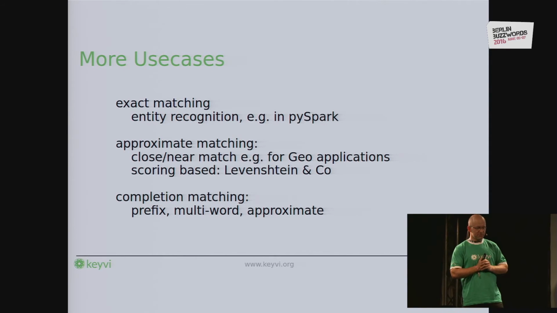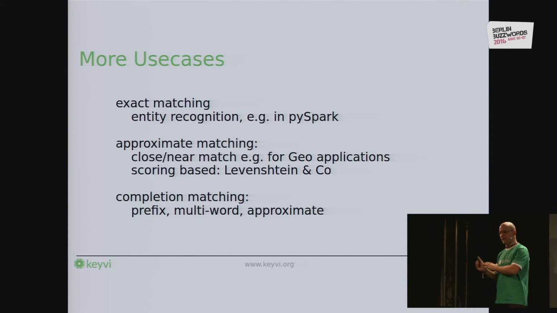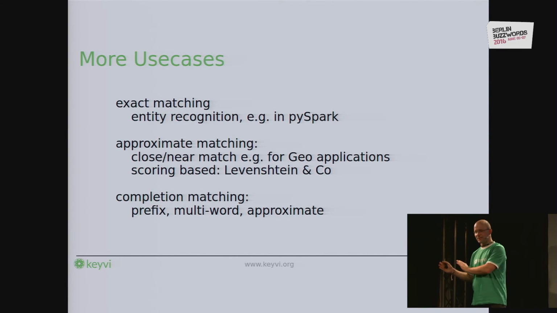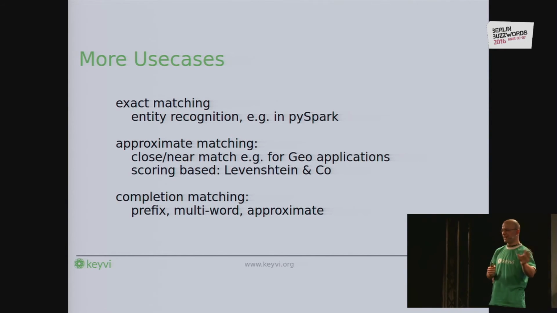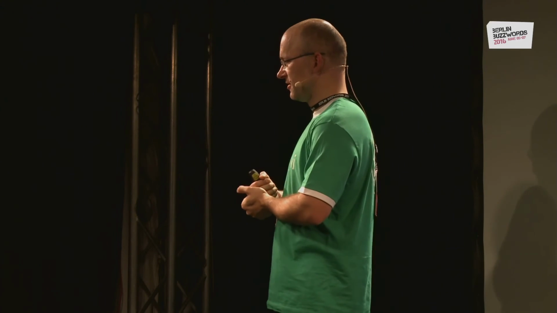So what I haven't told you about is what else you can do with Keyvi, because it's finite state. It's not a hash table. You have this nice little graph structure. And this finite state, some of you might know, somehow sounds like NLP, and actually this is where it used to be used. So if you want, you can still build an entity recognizer.